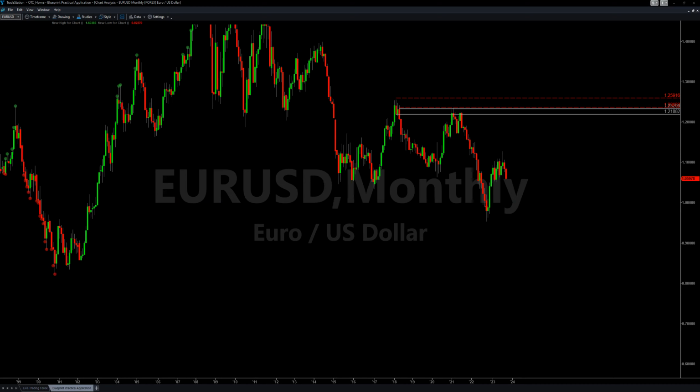We have multiple zone qualifiers, and in general there is the zone structure, the zone nature, and the zone location. We will start here with the zone structure, which includes departure and base duration.